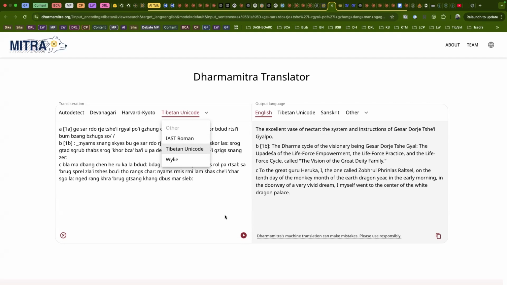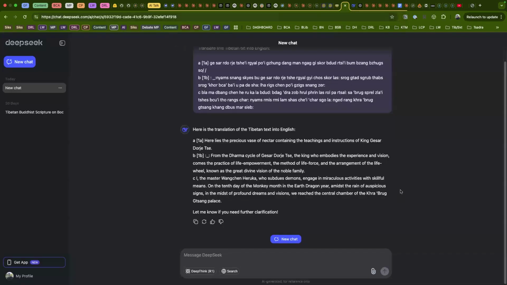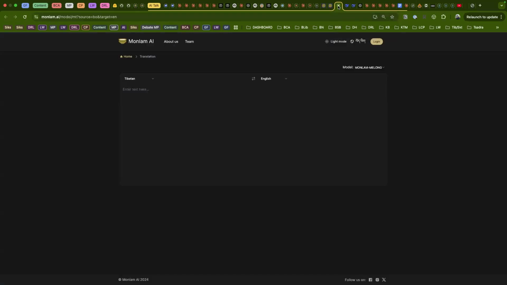So really amazing. And here we have a newcomer I wanted to mention, because there's been a lot of conversation lately about this new model, DeepSeek. I'm sure you've heard of it, and we talked briefly about it last week. Here we are now with models that are not specialized like Dharma Mitra and Manlam AI.